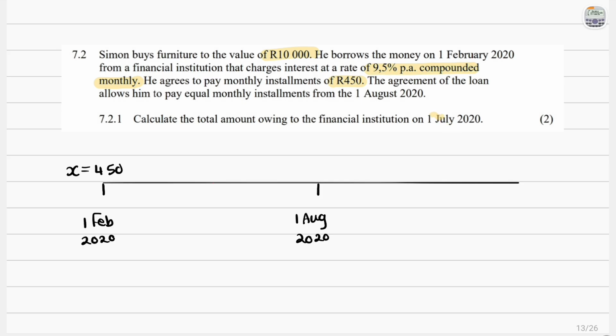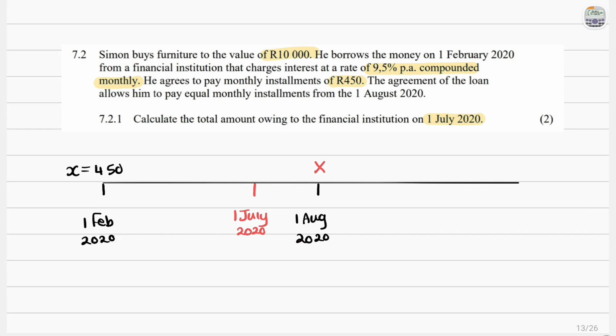So the question is, how much does he owe on the 1st of July? Because this is how his timeline is going to be adjusted now. Since this is where he's going to start paying back, they will determine how much he owes a month before this. So they're going to determine how much he owes on the 1st of July, and then on the 1st of August, he starts paying back.